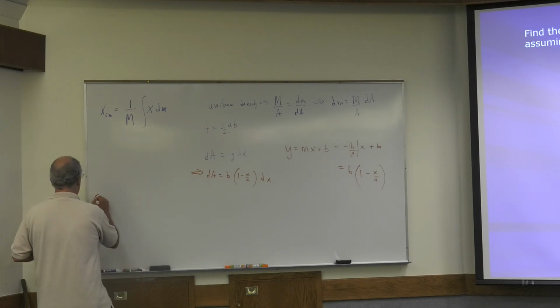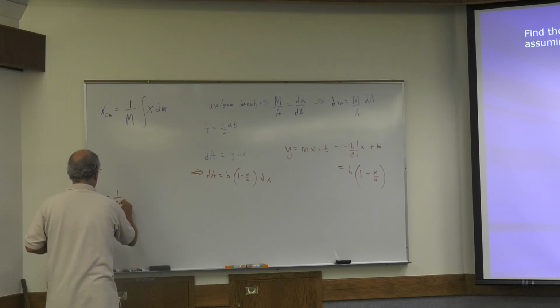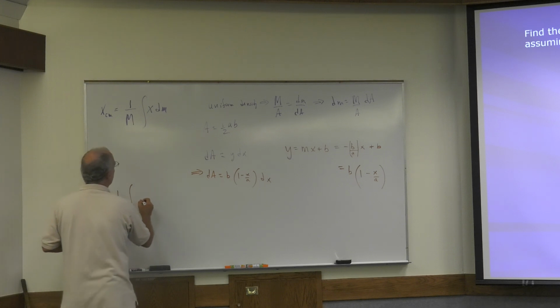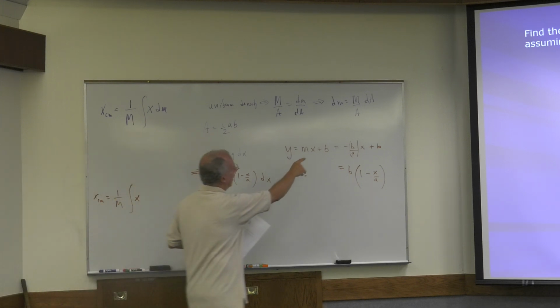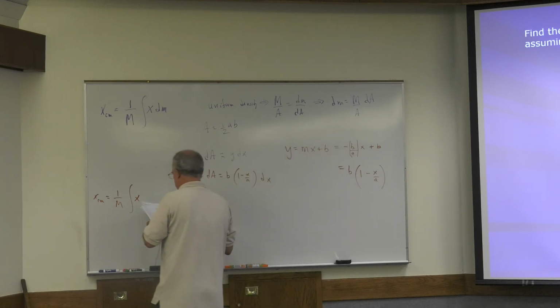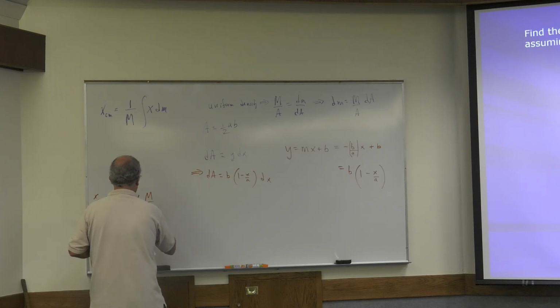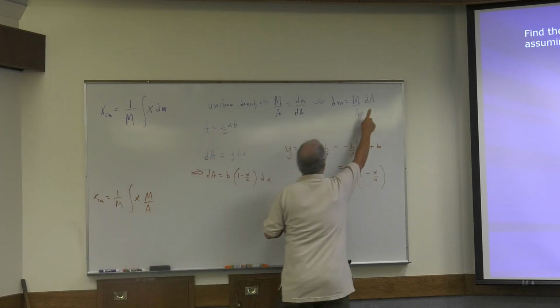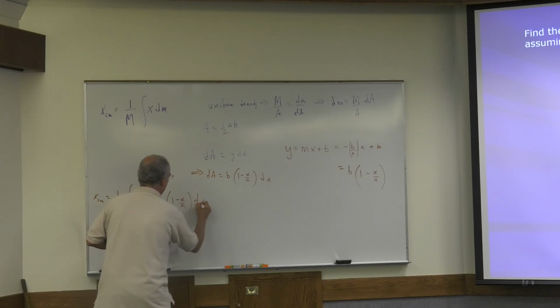So therefore, x center of mass is 1 over m, integral x dm. dm is mass over area times dA. dA is b times 1 minus x over a dx.